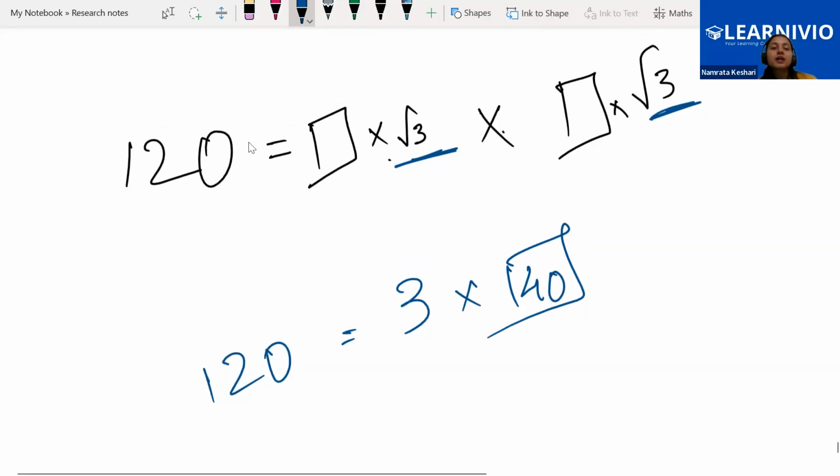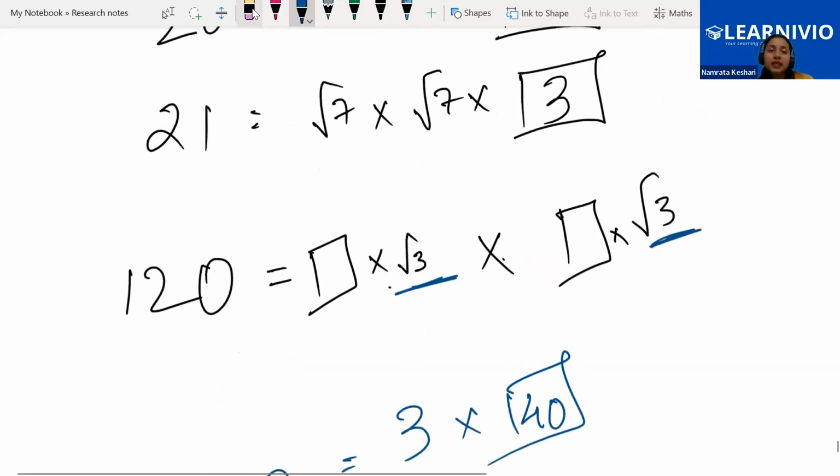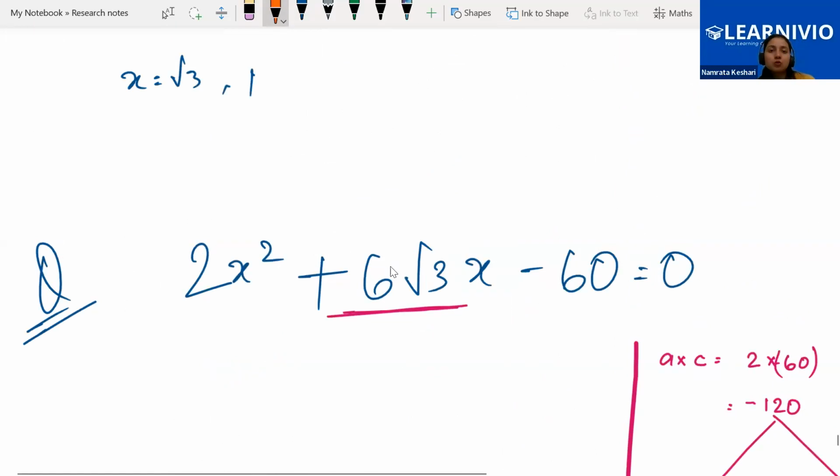Why are we breaking our 120 like this? We are breaking it like this because our middle term is having the 6 root 3. 6 root 3 frame करने के लिए हमें चाहिए like this number.